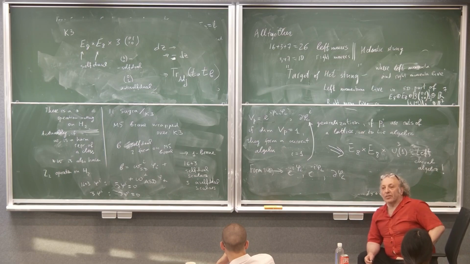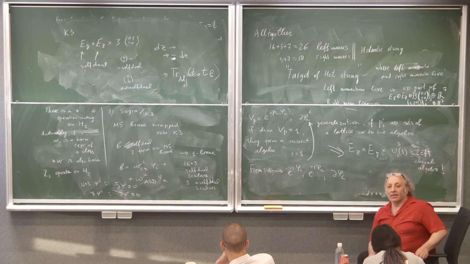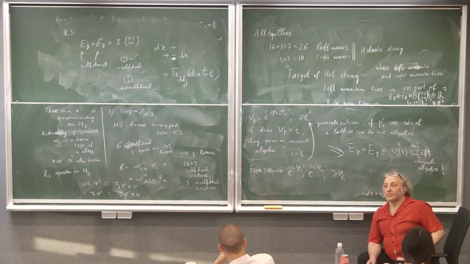We started with the M5 brane. It had a self-dual 2-form. We compactified on K3. We got 19 chiral bosons, or self-dual, and 3 anti-chiral bosons.